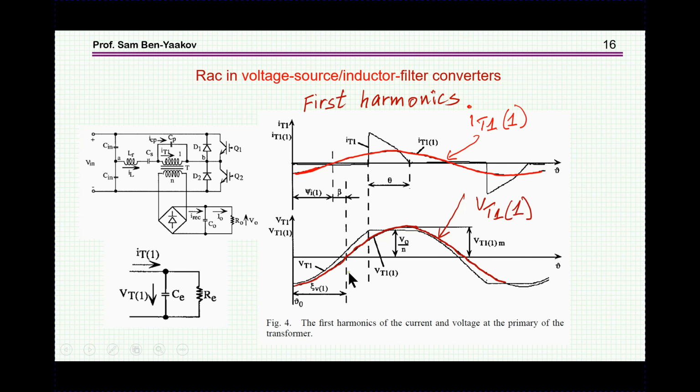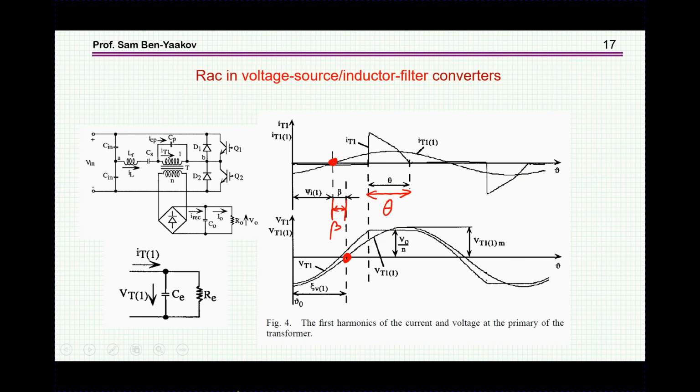And as it turns out, there is a phase shift between these two, which is the reason that we need both a resistor and a capacitor to represent the situation, because we are talking about the first harmonic of the current, the first harmonic of the voltage, and there is a phase shift here, and therefore we need a capacitor. So this is the reason for having a capacitor. Now we have key parameters here.